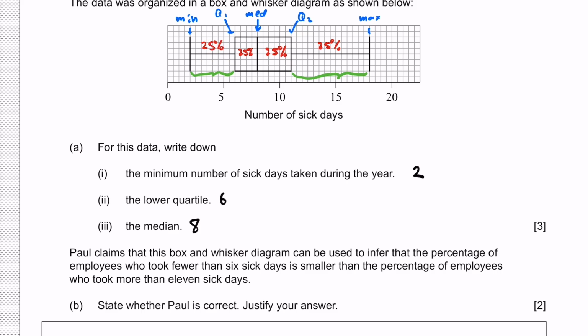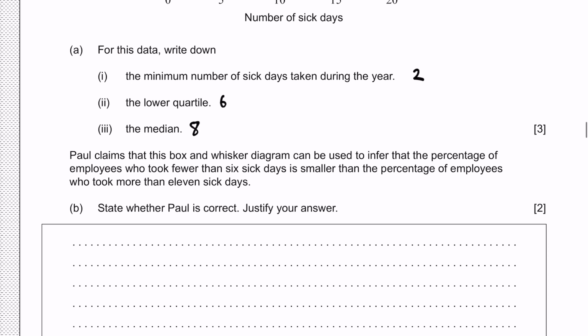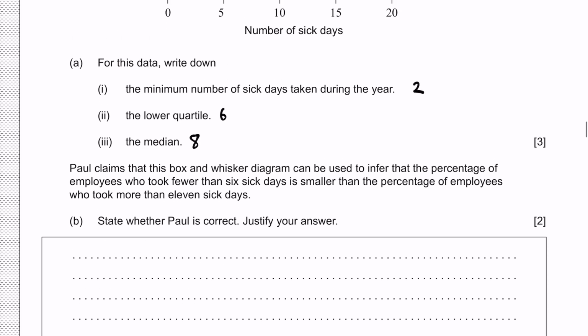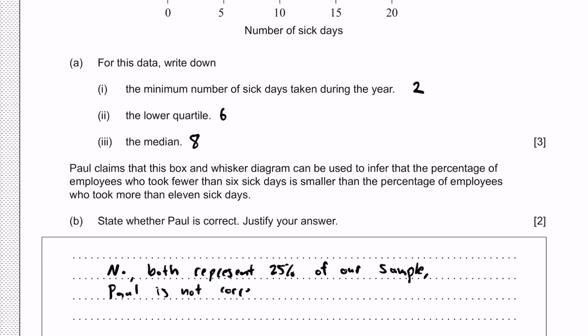That would be our response to whether Paul is correct. So, no. Both represent 25% of our sample. And then we would say Paul is not correct.